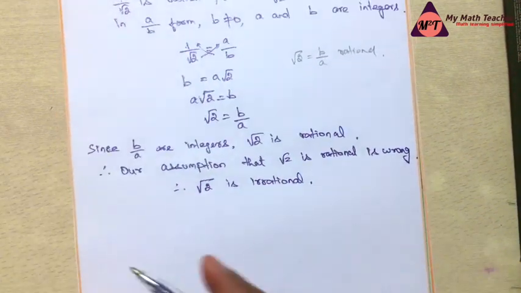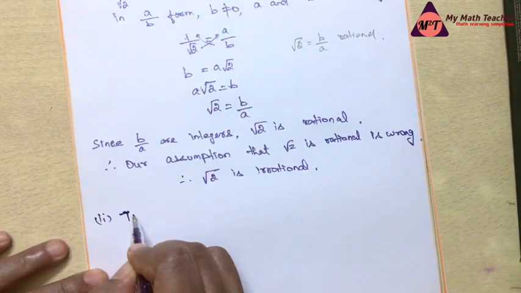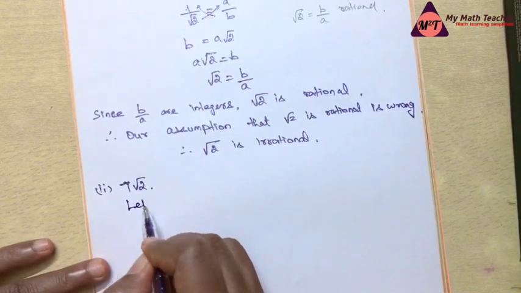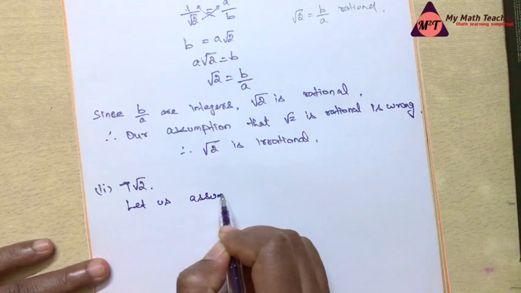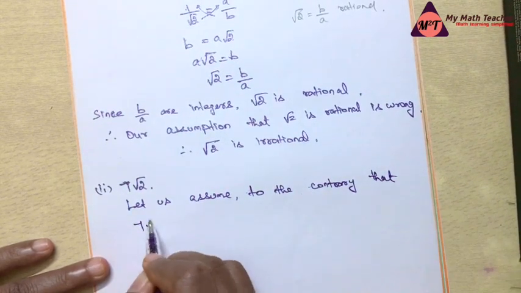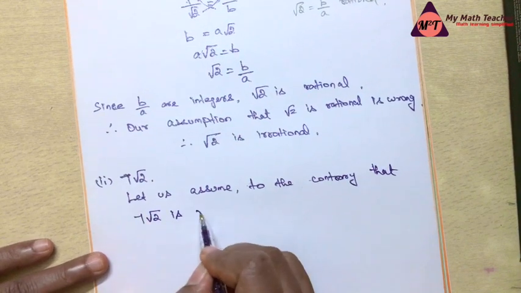Now, second subdivision. The same statement we can write as it is. Let us assume that 7 root 2 is rational.